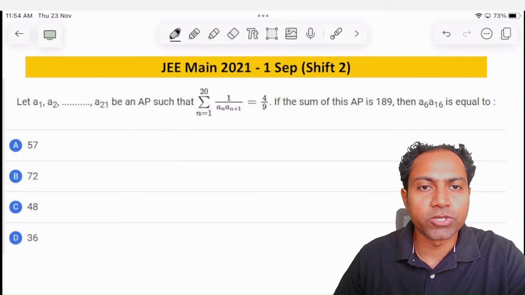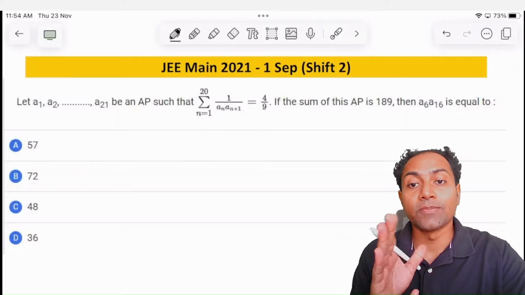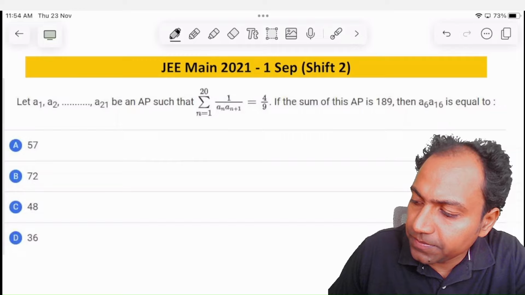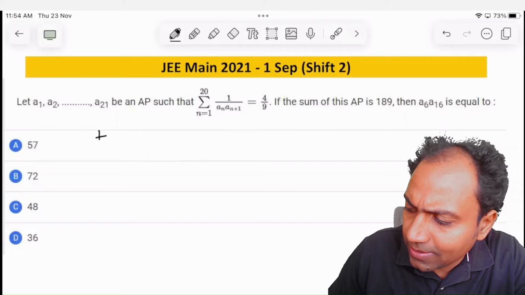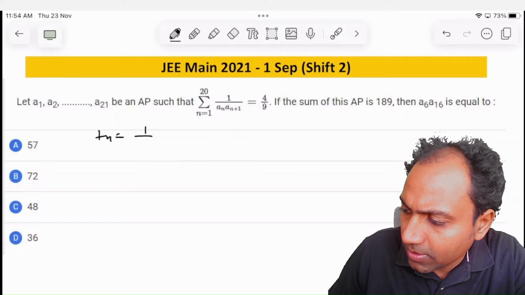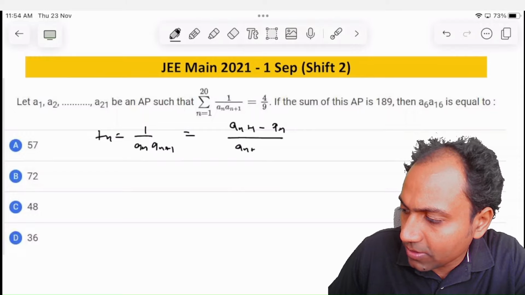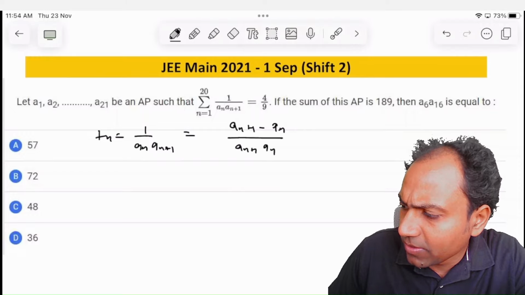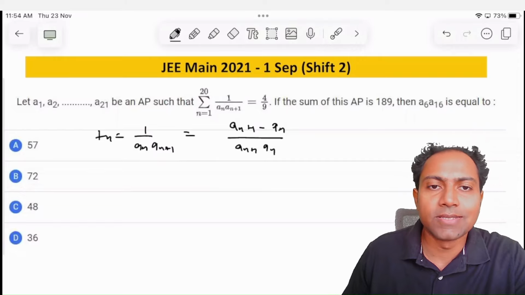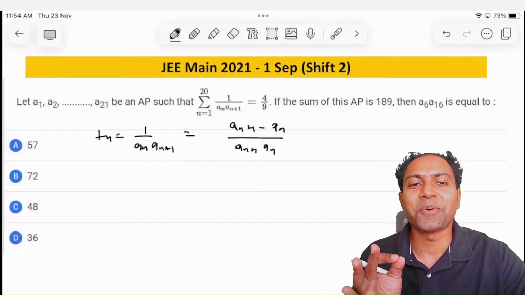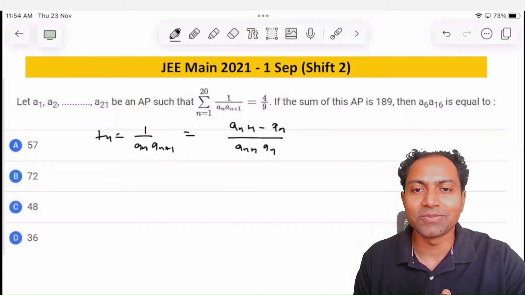Now in this question from JEE 2021, they have used a similar idea of difference of two terms. Now if I take the nth term that is given to us, that is nothing but 1 upon an into an plus 1. We can write the same term as an plus 1 minus an by an plus 1 into an. The benefit of writing this is that since the series they have given is in arithmetic progression, the difference of two consecutive terms is going to be d.